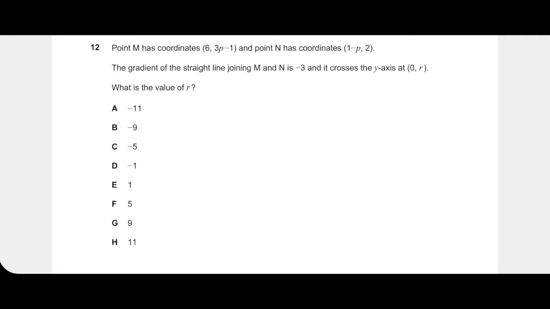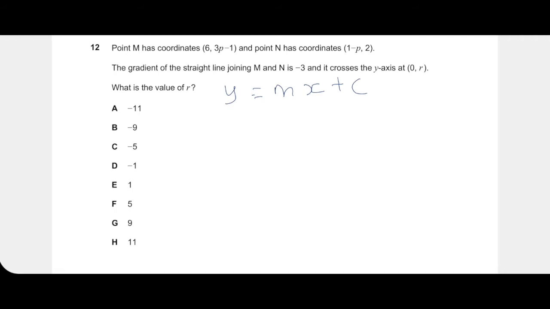So I'm going to be using the equation y equals mx plus c. Some people prefer to use the other equation. I find this one the easiest. You can essentially do whatever you want. The outcome's still going to be the same.